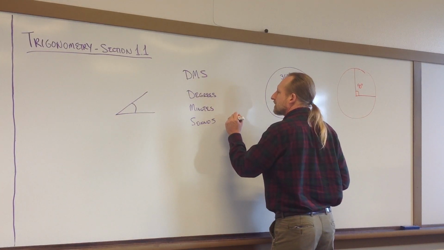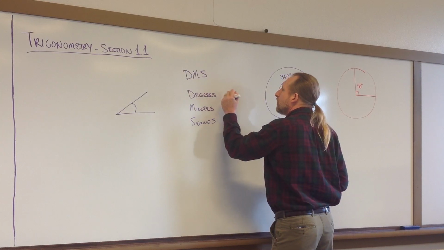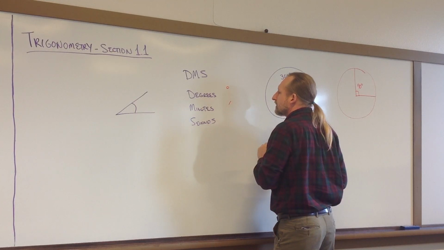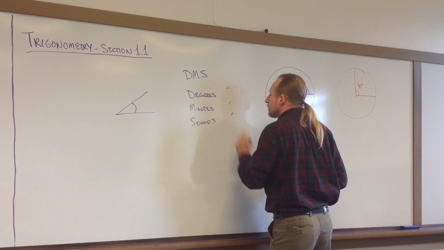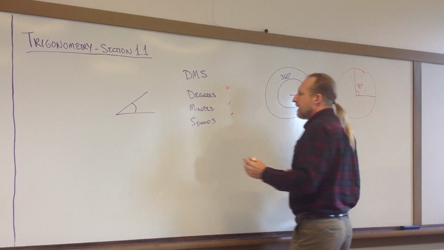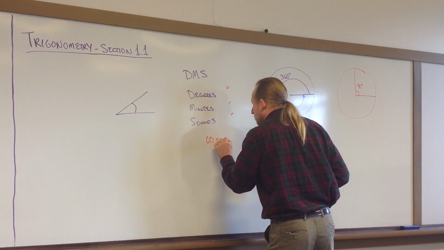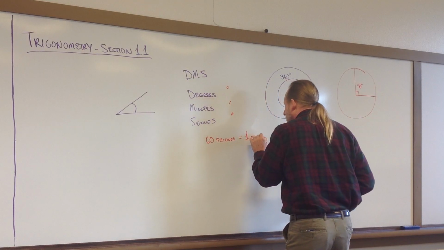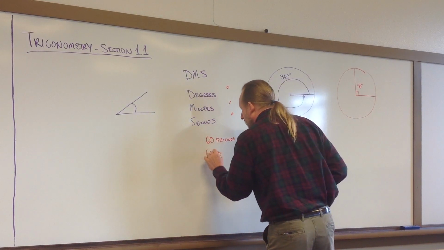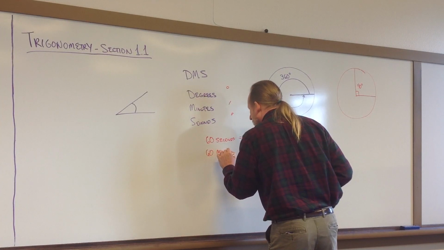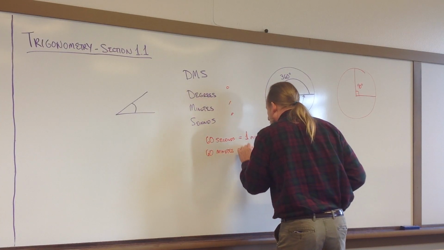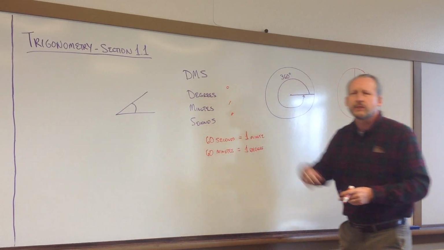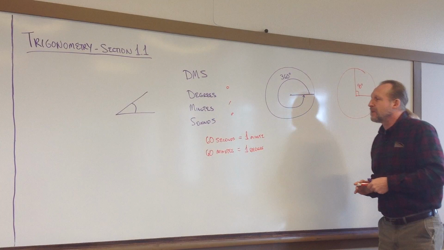We use the degree symbol, minutes is a single tick mark, and seconds is a double tick mark, and we get 60 seconds, just like in measuring time, equals 1 minute, and then 60 minutes, instead of equaling 1 hour, equals 1 degree. And those 60s also come to us from Mesopotamia.